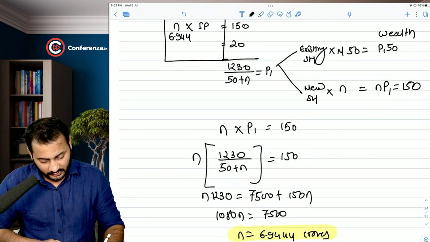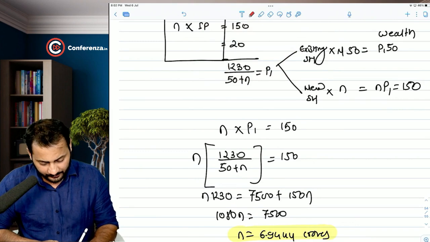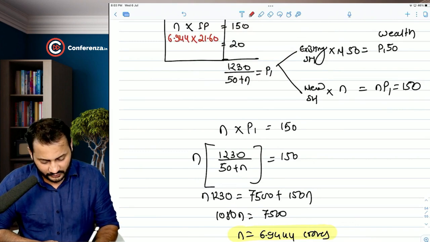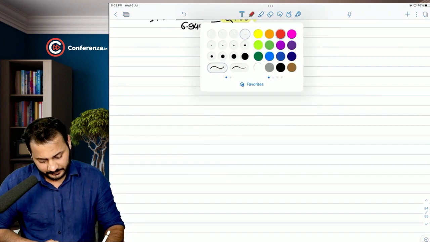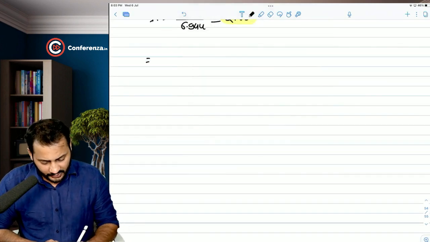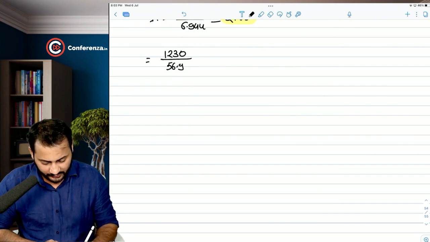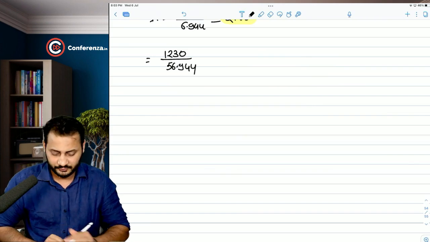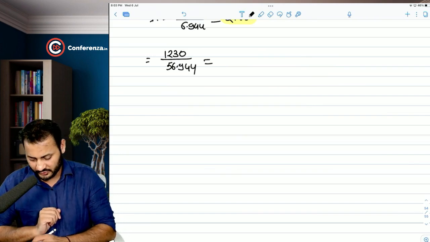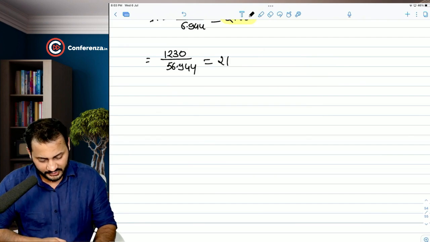Let's analyze it again after all the calculation. Are we correct? 6.944 into 21.60. The total market value is 1230, and the total number of shares is 56.944 crores. This gives us the market price of 21.60.